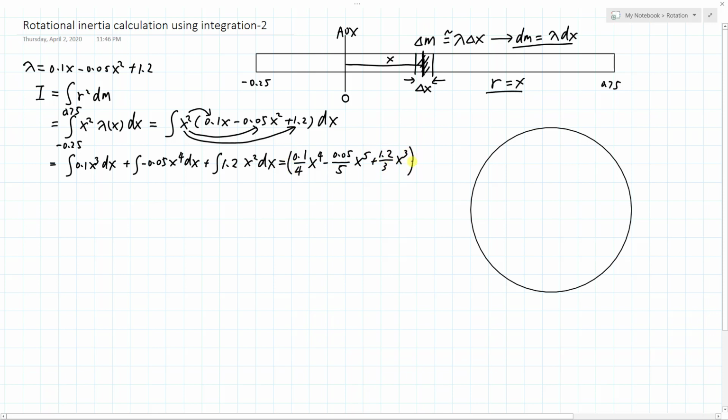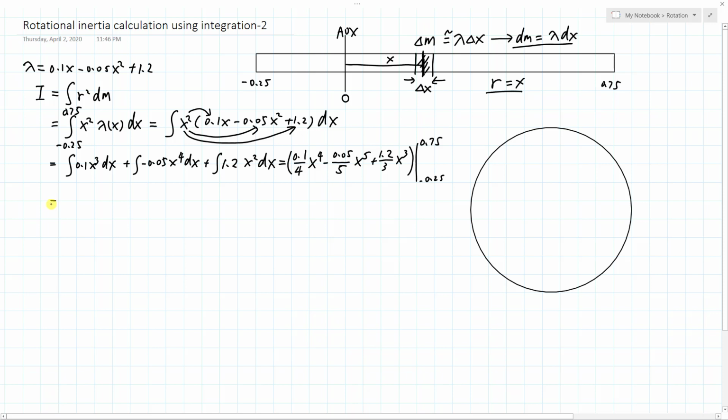Everything will be evaluated between minus 0.25 and plus 0.75. That's where the bar is. You can pause the video and perform the calculation. This will take a little while, but if you use Python, you can define the function and substitute the x values fairly easily.